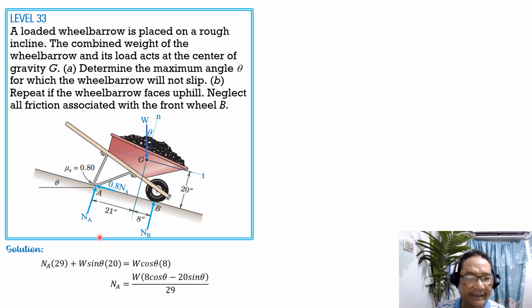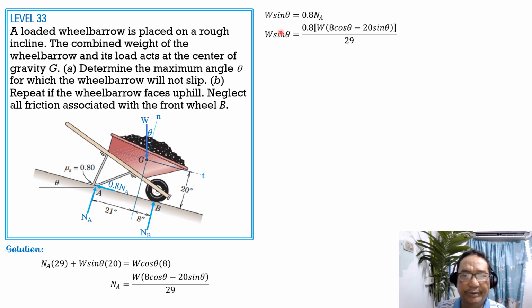divided by 29. Then we sum up forces along the tangential axis equals 0. So W sine theta, the tangential component of the weight, must be equated to 0.8 of NA. So W sine theta equals 0.8 of NA, and NA is W quantity 8 cosine theta minus 20 sine theta over 29.